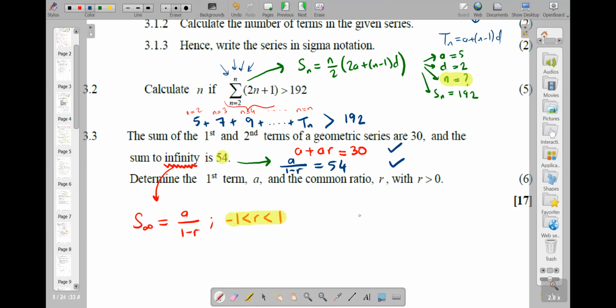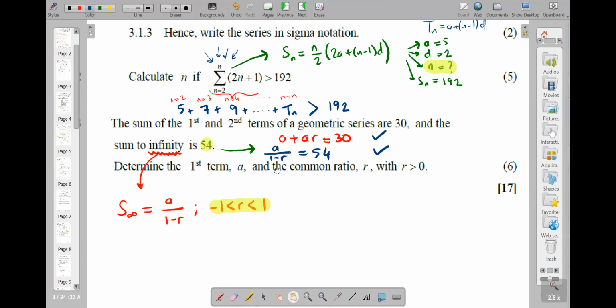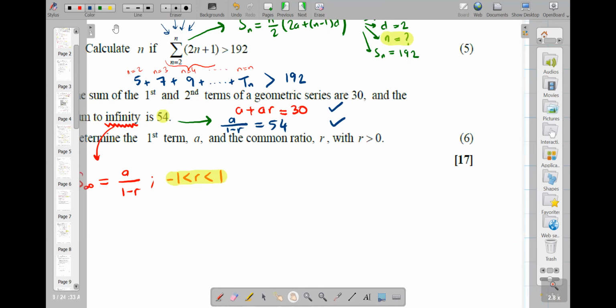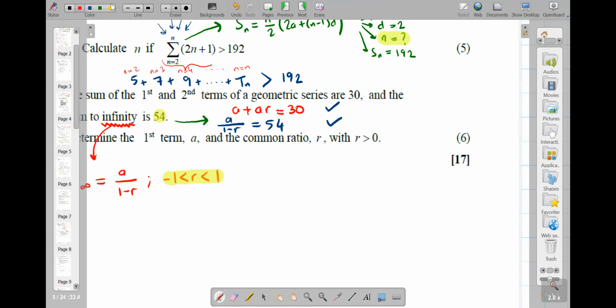That's my second equation. So how can I solve them simultaneously? You may cross multiply, you may leave A alone. The rest is just algebra, there's nothing much to do with the idea of sequences. For the first one, I can take A as a common factor: A times 1 plus R is equal to 30.